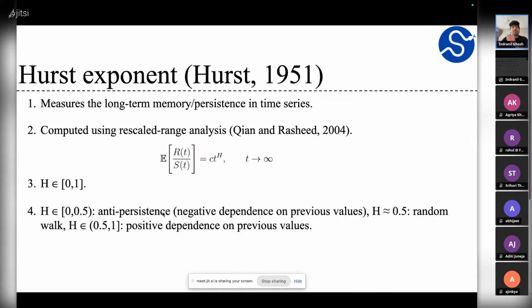So there's a negative dependence on previous values. That's what anti-persistence means, and it somehow relates to chaos or complexity. When H is 0.5, it's a random walk. When H is otherwise, then it's positive dependence. So if at a particular timestamp, the trend is to go up, in the next timestamp, it will also go up.